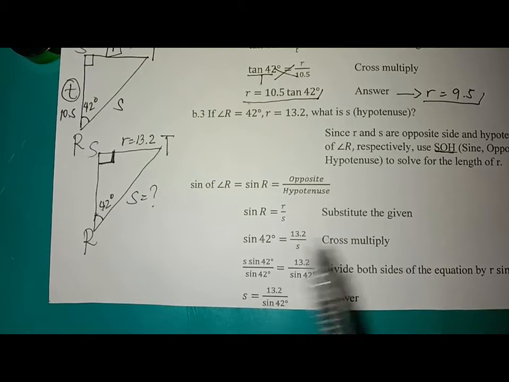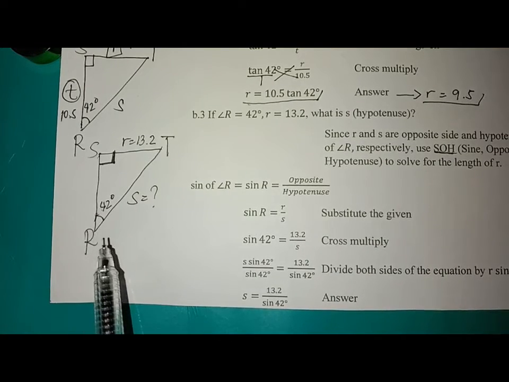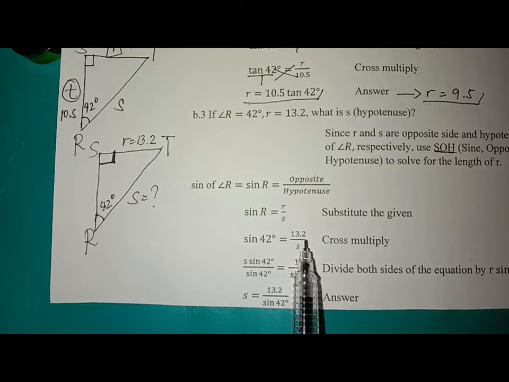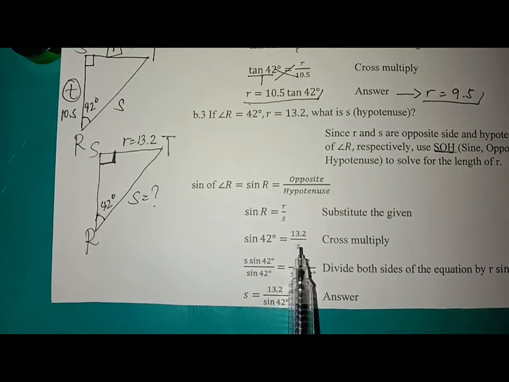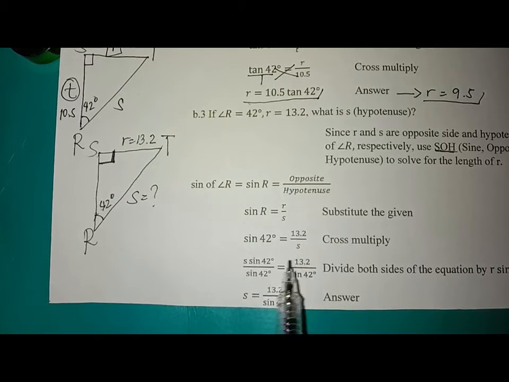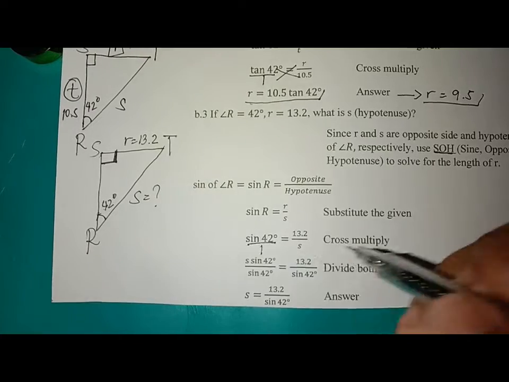Substitute the given: angle R is 42 degrees, R is 13.2, and the unknown is S. So sine 42 degrees equals 13.2 over S. Then cross multiply, it's over 1.